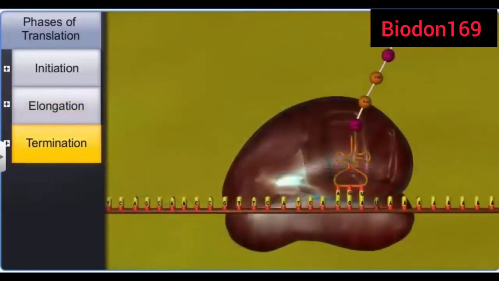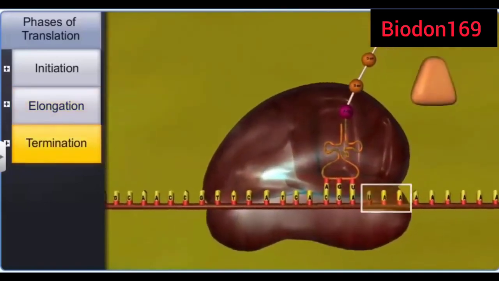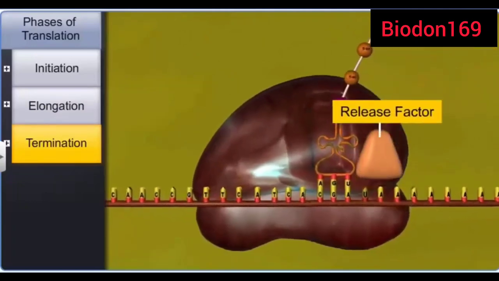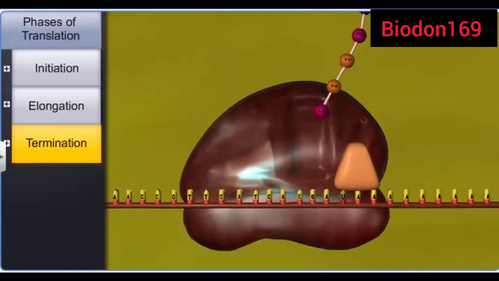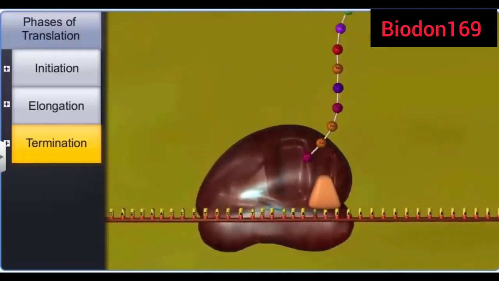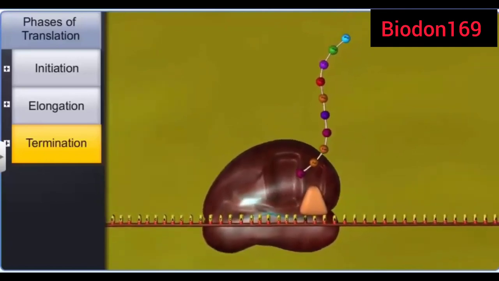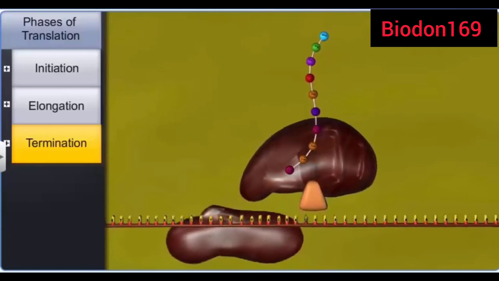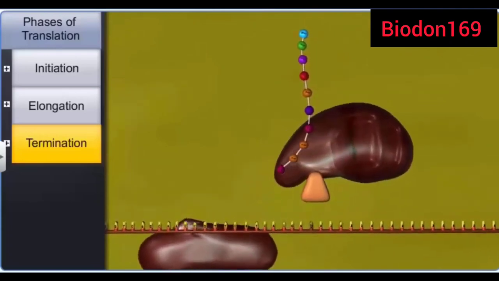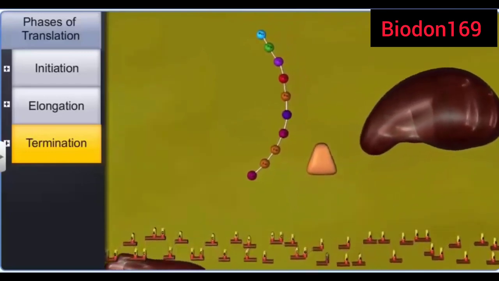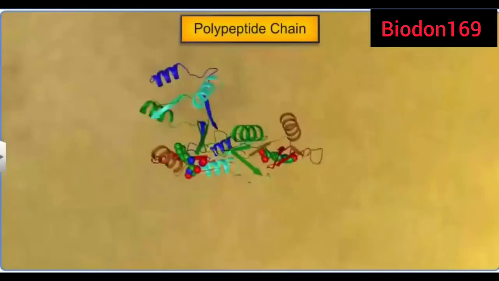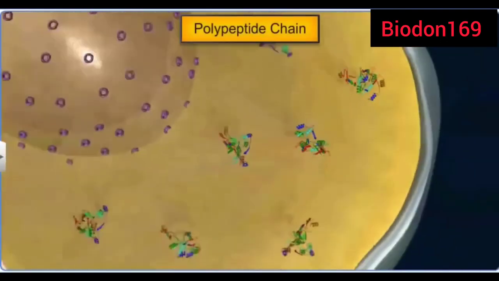On reaching the stop codon, UAA, a release factor or RF binds to it, terminating the translation and releasing the polypeptide chain from the ribosome into cytoplasm. After the termination, the small and large subunits of the ribosome dissociate and the mRNA degenerates. The polypeptide chain is therefore an end product of the translation process that takes place in the cytoplasm.